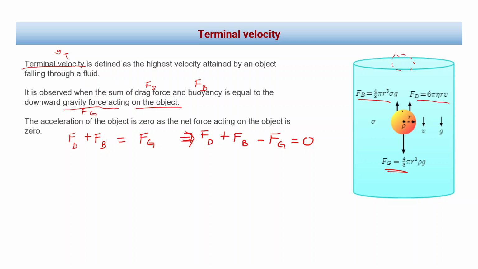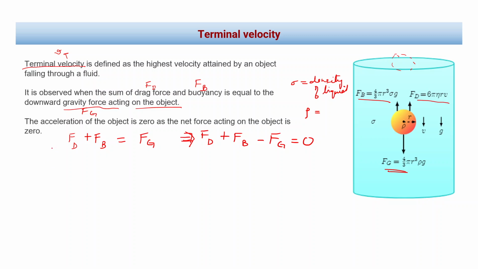This is a spherical body, so the volume will be 4 by 3 pi r cube, and sigma here is the density of the liquid. Let me write it here: sigma is the density of this liquid, and rho is the density of this spherical body, as you can see in the diagram.